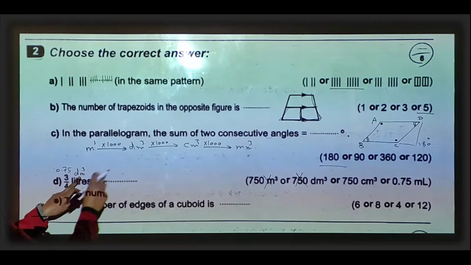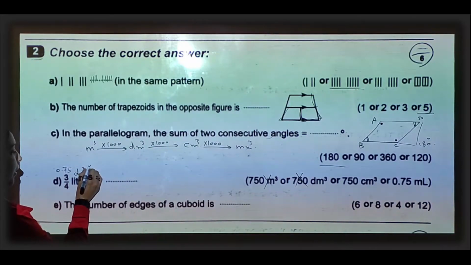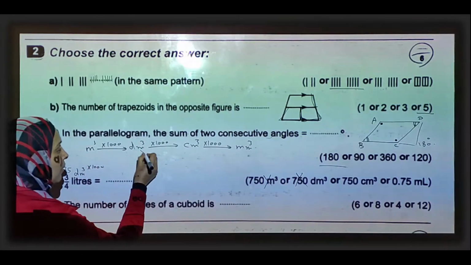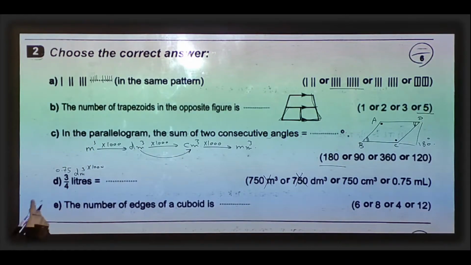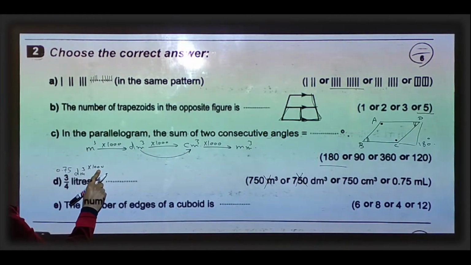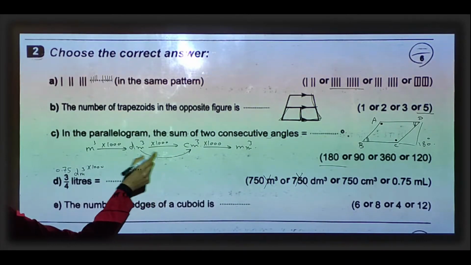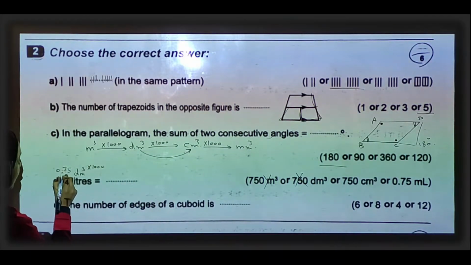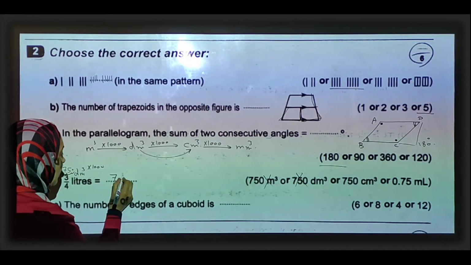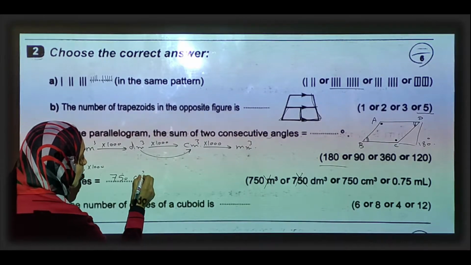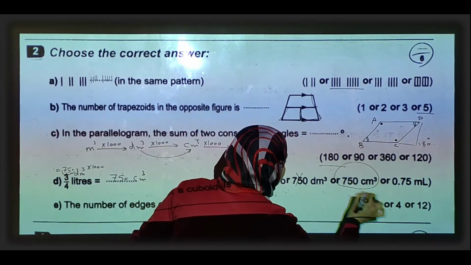Converting from decimeter cube to centimeter cube, multiplying by 1000. 0.75 multiplied by 1000, we move the point toward the right 3 steps. 1, 2, 3. Put 0. 750 centimeter cube. It is the right answer.